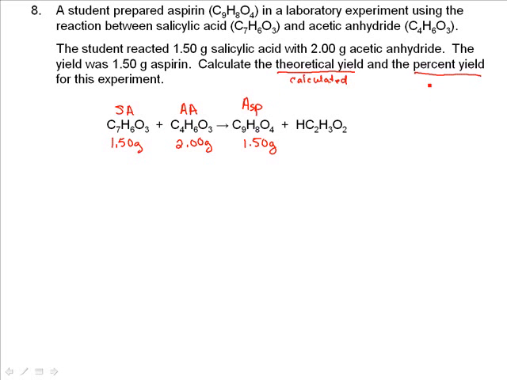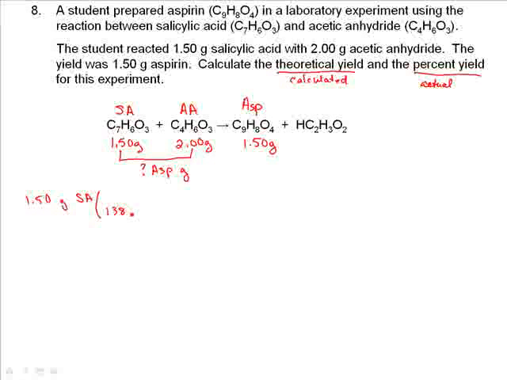The percent yield comes from the actual yield, how much you can make in the lab. So let's test how much aspirin we should be able to make in grams.